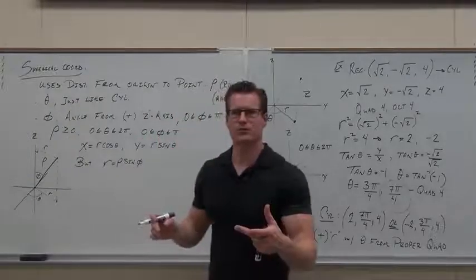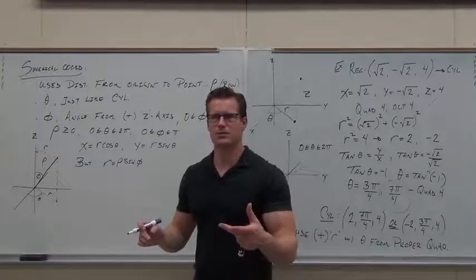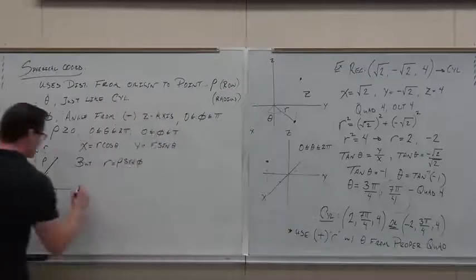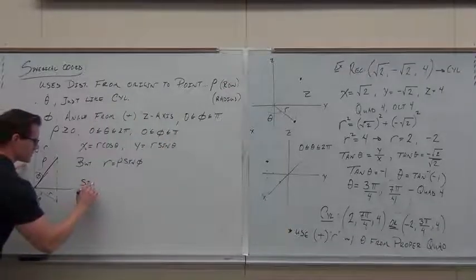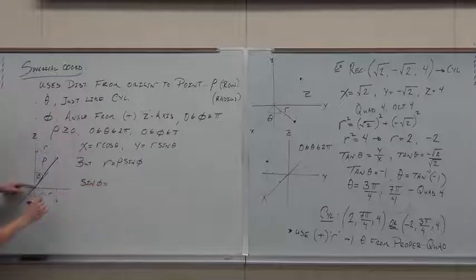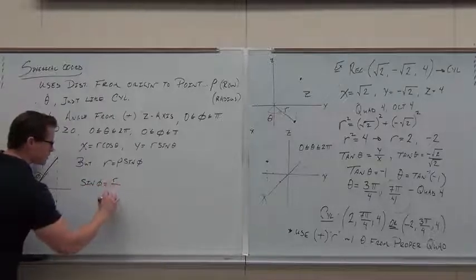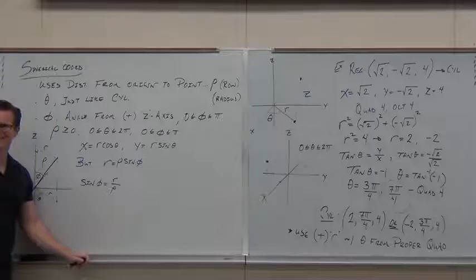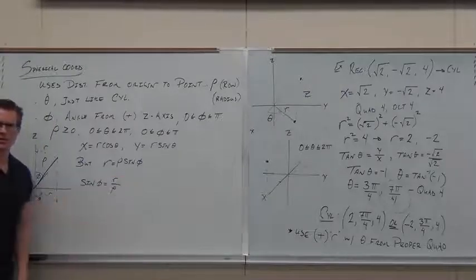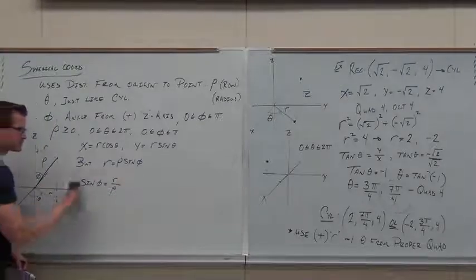Do you guys see how we get rho sine phi? No? If you don't see it, here it is. Sine phi is opposite over hypotenuse. Do you guys see it? Multiply by rho. Boom. r equals rho sine phi.